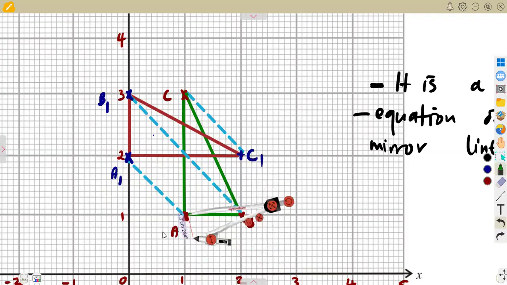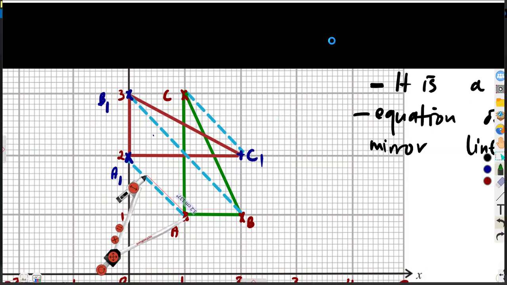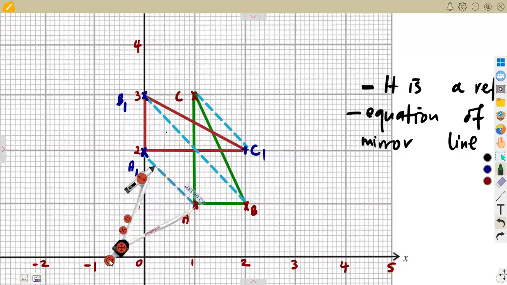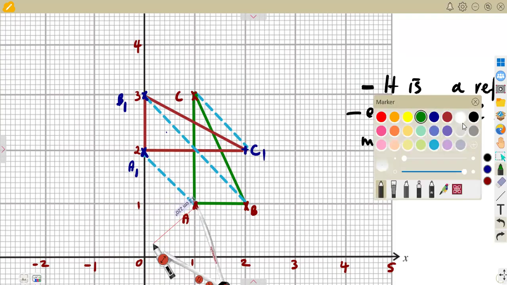So I'm just going to open the compass more than half this side of A. That is more than half. So with more than half, we can locate a position where this can be. All right, sorry for that. So this is more than half, so I can just draw an arc somewhere there. Let me just change this one.